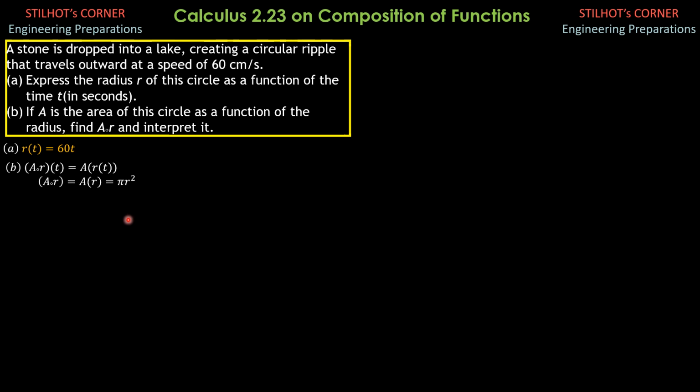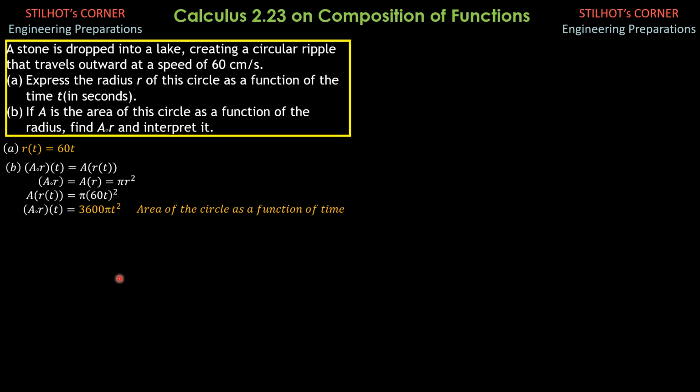So A of r of t is pi times (60t) squared. So that would be 3600 pi t squared. And this is interpreted as the area of the circle as a function of time. So that's it for the first part.